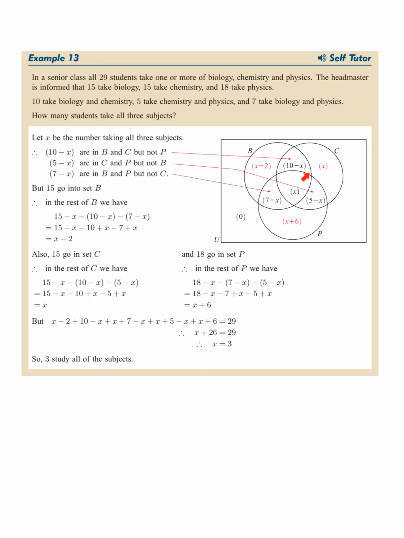That's the X from there. And then the 7 minus X is from there. The X is that one there. We've got 5 minus X from there. And then we have the X plus 6 there. And that should all equal 29 because they told us there's 29 students. When we solve for X, X is 3. So 3 study all of the subjects.